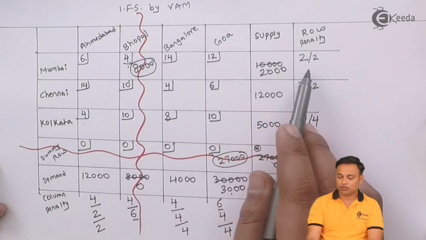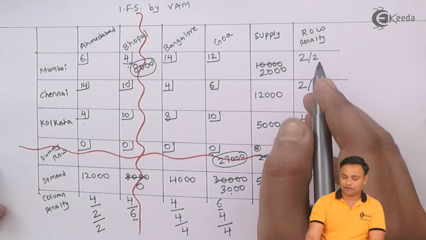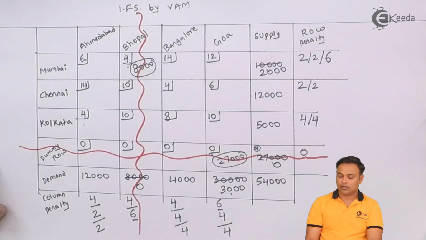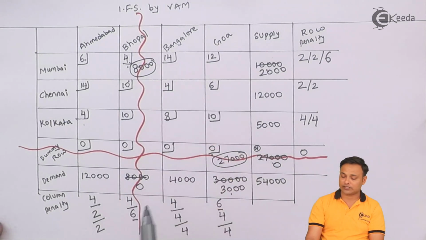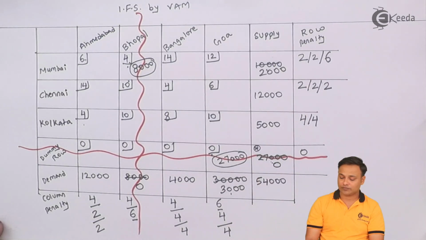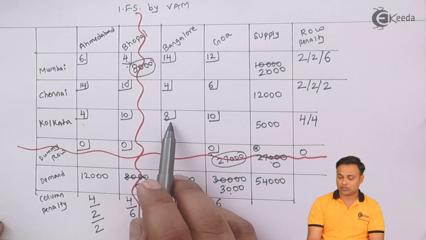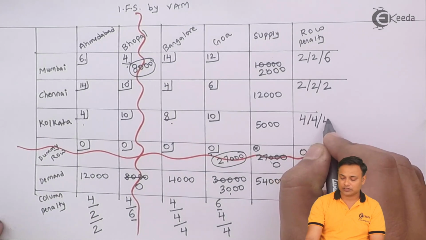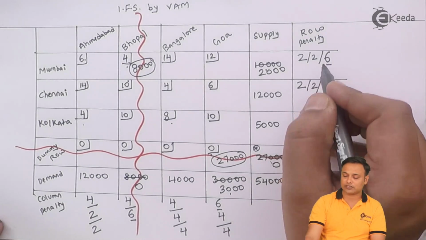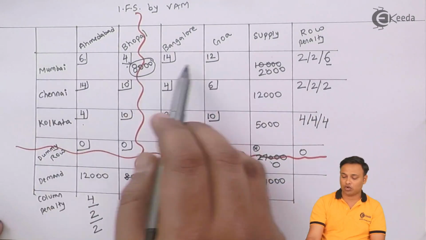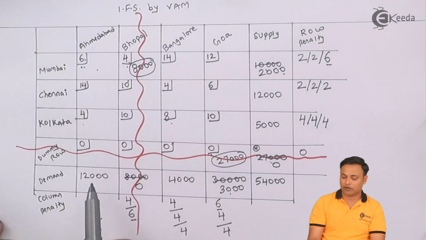My first row, lowest cost is 6, next lowest cost is 12, the difference is 6. In my second row, my lowest cost is 4, next lowest cost is 6, difference is 2. In the third row, I have the lowest cost of 4, next lowest cost is 8, the difference is 4. So we can see the highest penalty we have at this stage is 6, and in this particular row the lowest cost is 6, where we have a supply of 2,000 and a demand of 12,000.